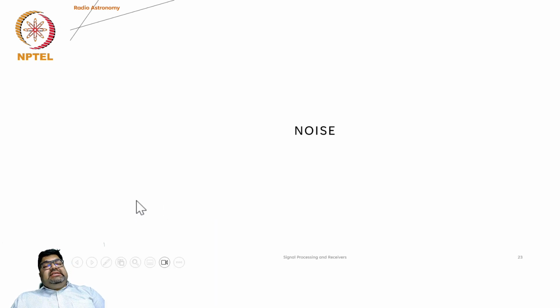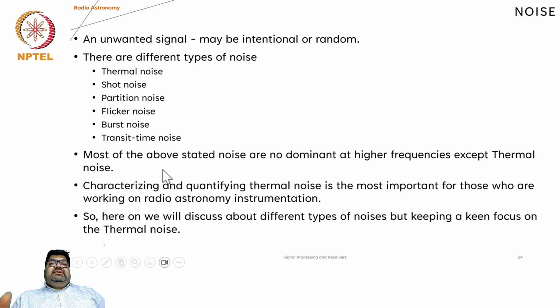So, unless we characterize the noise and are aware of all possible noise or interferences present in the system or in the surroundings, it will be difficult to make a proper detection of the signal, particularly signals that are so weak, like the radio astronomy signals. So noise is an unwanted signal, maybe intentional or random.